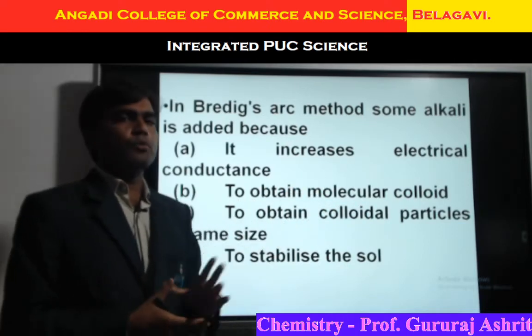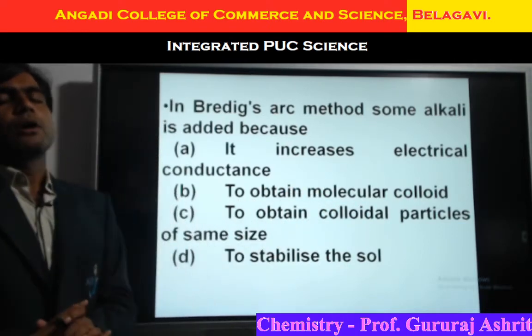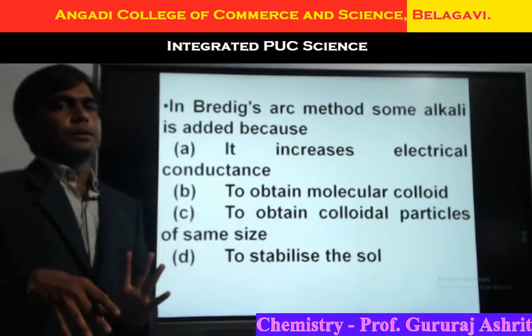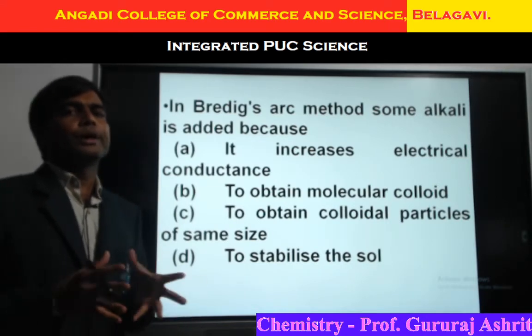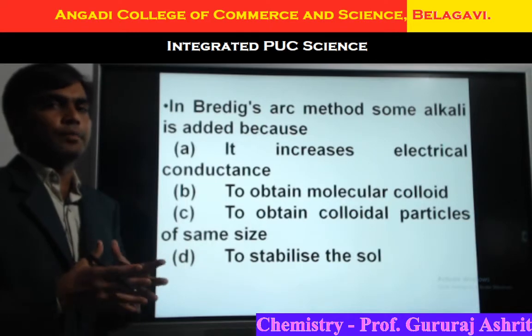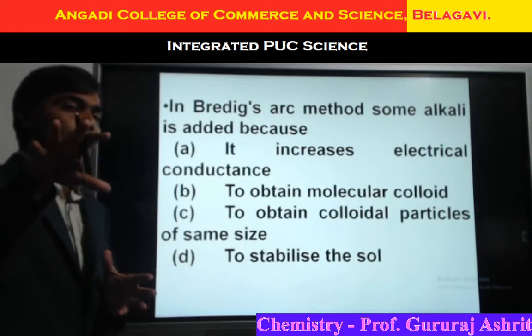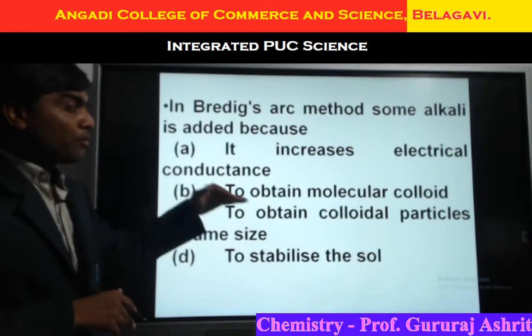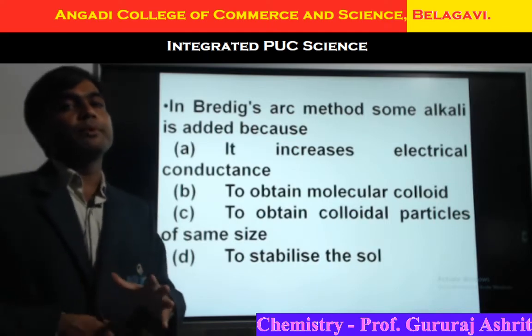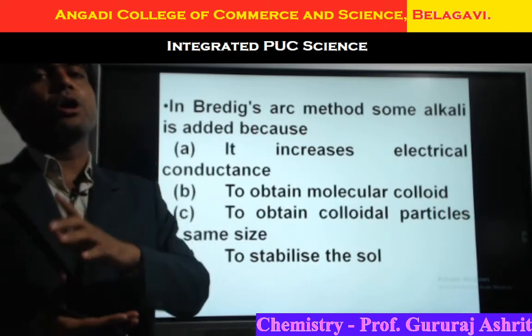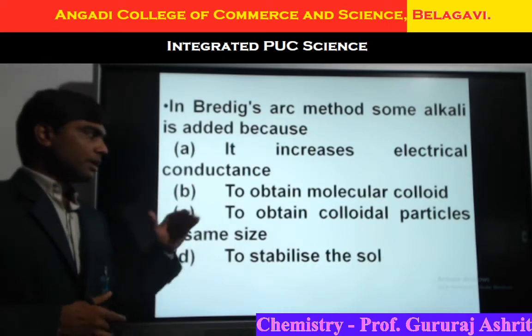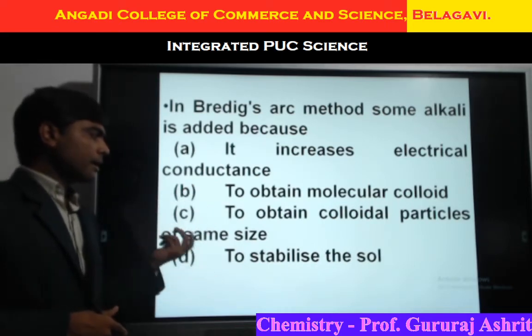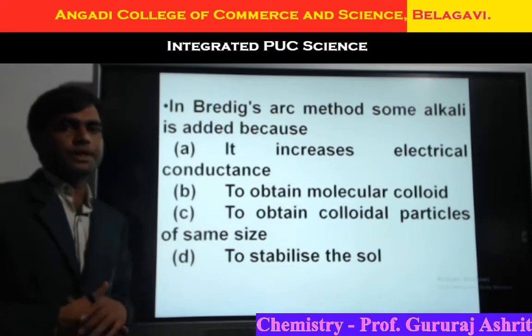To obtain molecular colloid: see, the colloids are prepared, but whether it is molecular, associated or macromolecular, we are not thinking about that. We have to prepare the metal sol. And molecular colloids can only be used for non-metals like sulfur sol. Second option is wrong. Third one, to obtain colloidal particles of the same size.